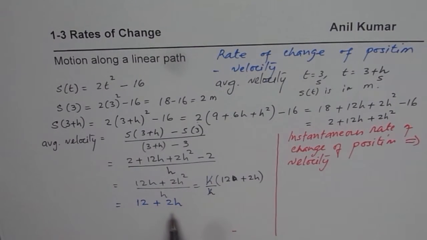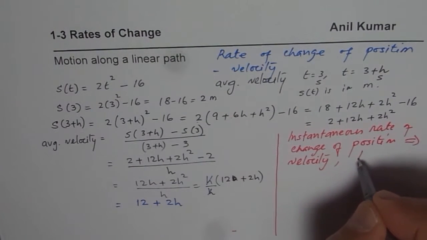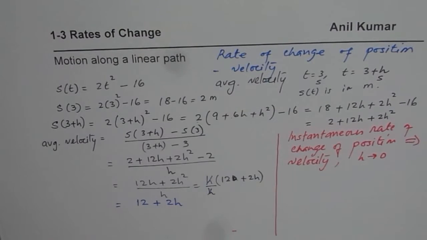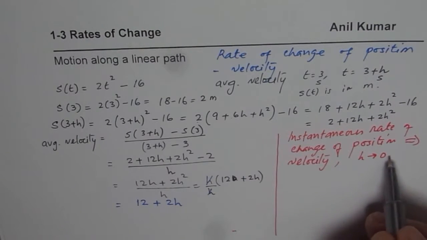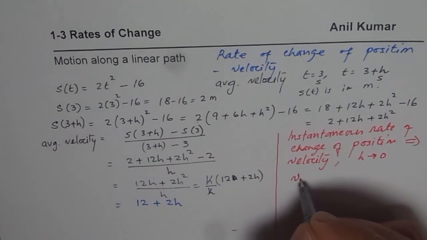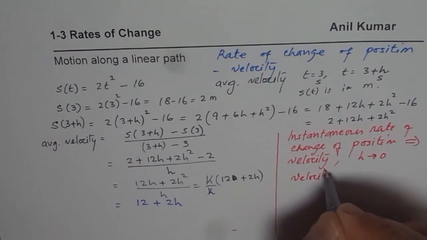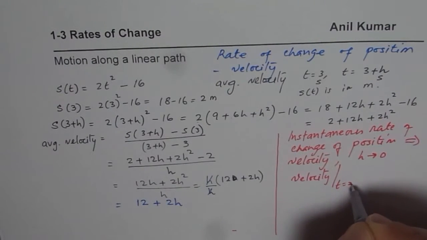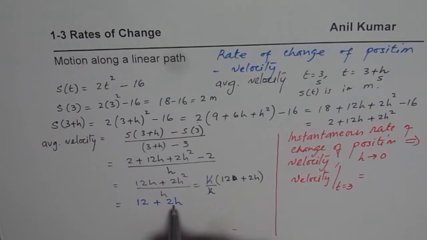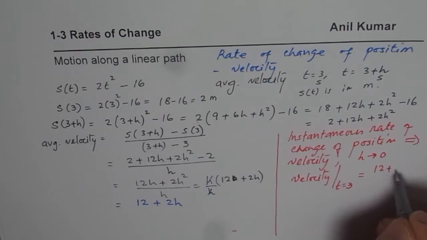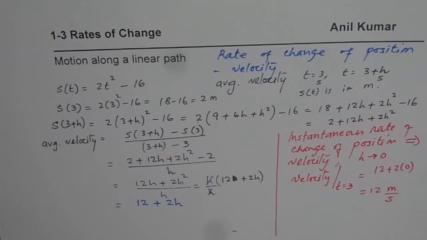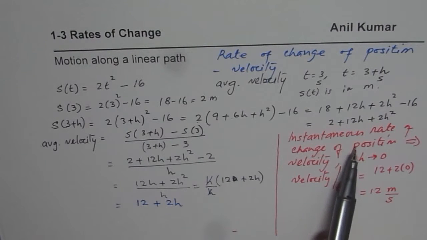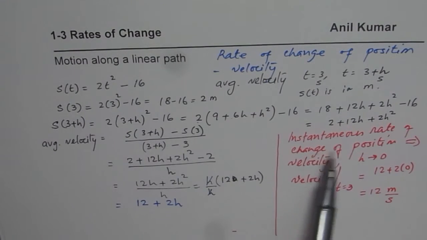In that case, the h value approaches 0, so we get the velocity exactly at t equals 3. When h approaches 0, we get 12 plus 2 times 0, which equals 12 meters per second. That is how we find the instantaneous rate of change of position, the velocity.